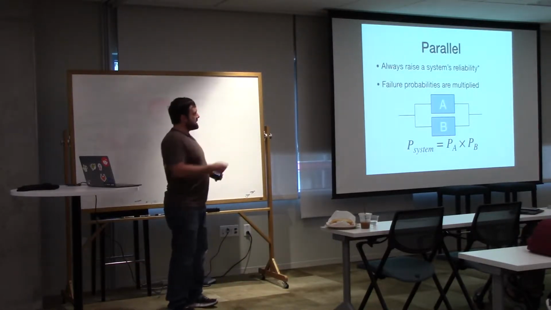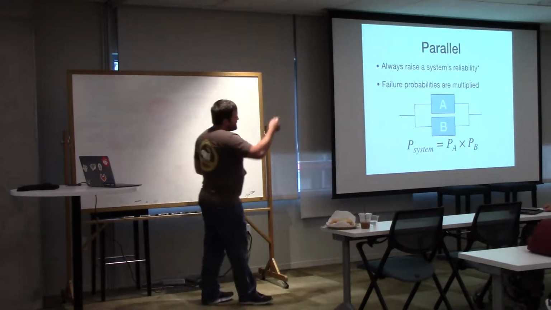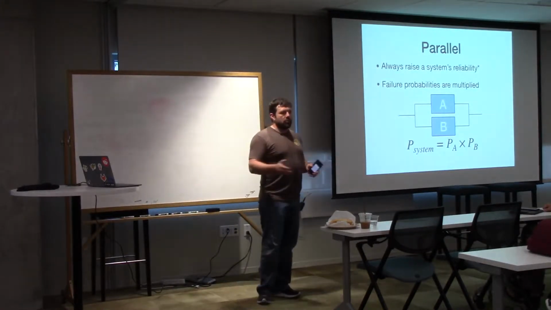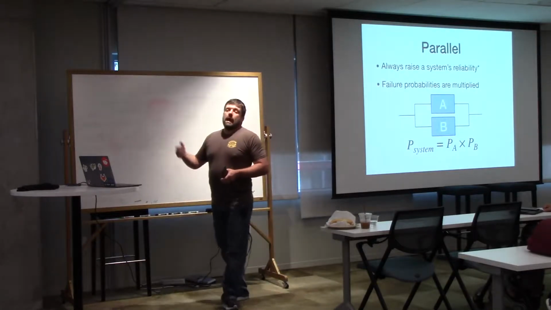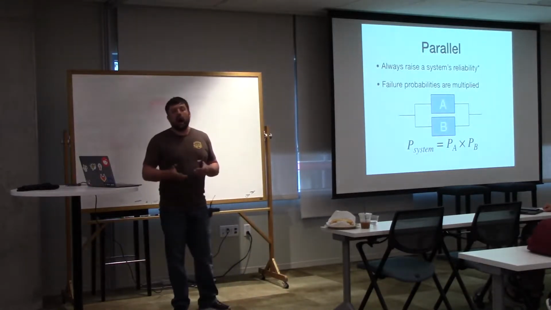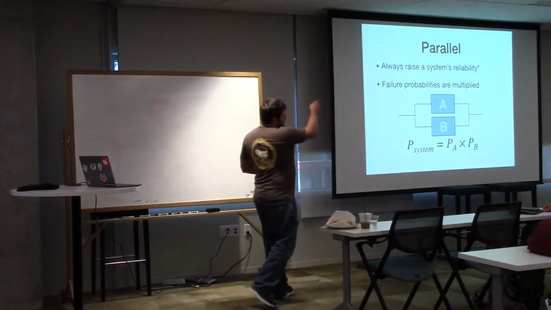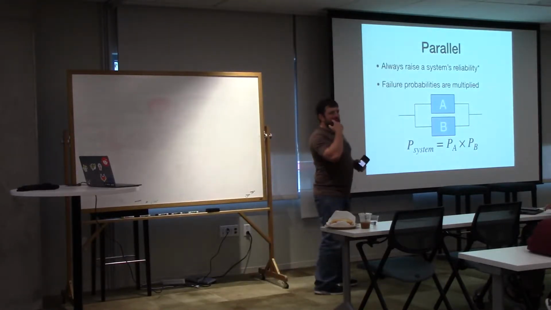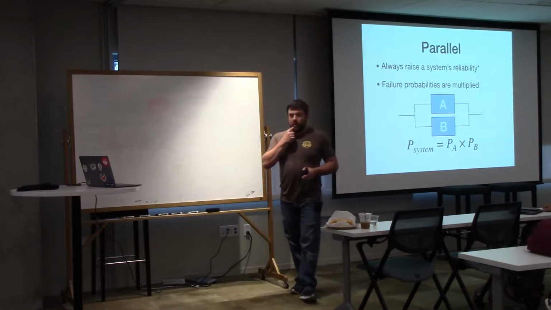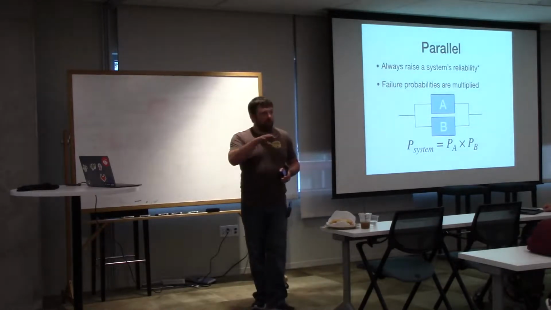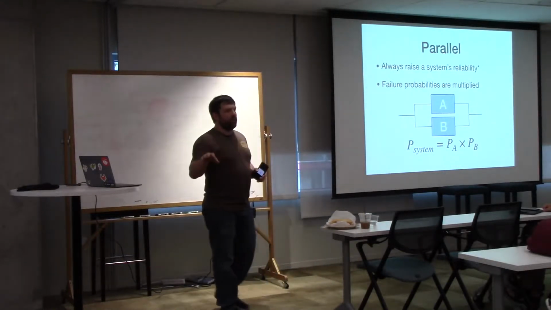Usually, and I put an asterisk here, almost always, whenever you have parallel paths or redundancy, you have a better chance, a higher reliability than each of those individual components. I put a star there because sometimes there's a common failure root cause to a set of components that are in parallel. They're all doing the same job.